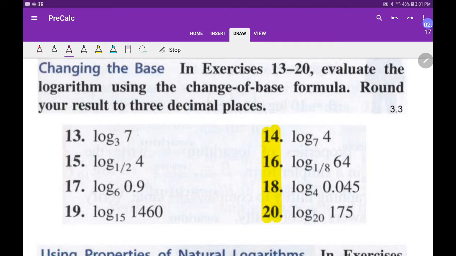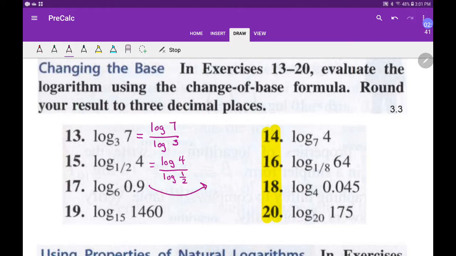So what we're going to say here is this is equal to log, I'm assuming base 10, of 7 over log base 10 of 3, sorry. And then again, log base 10 of 4 over the log of 1/2.